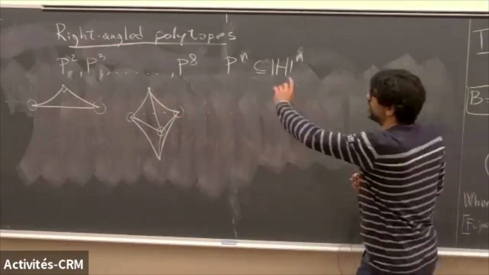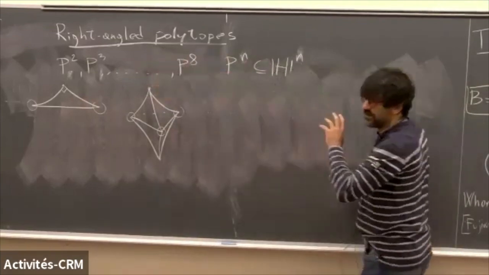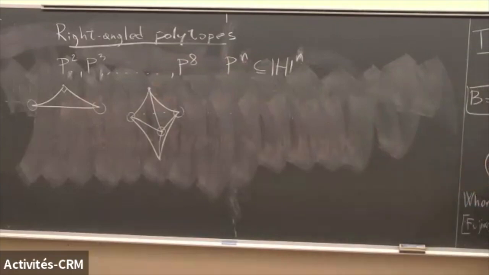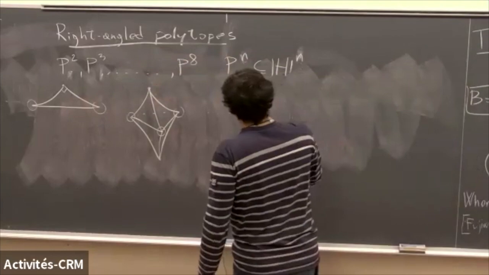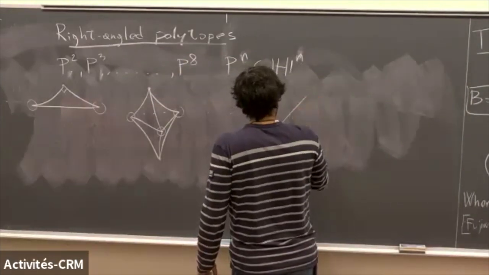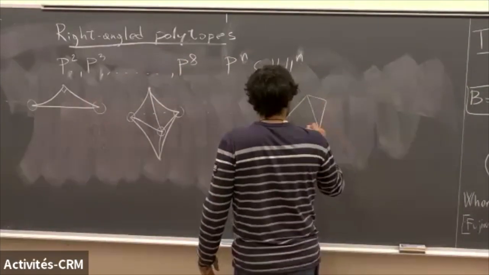So where do these magic polytopes come from? They come from a simple construction. It's not complicated. You take a simplex.